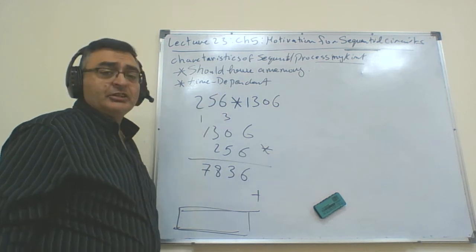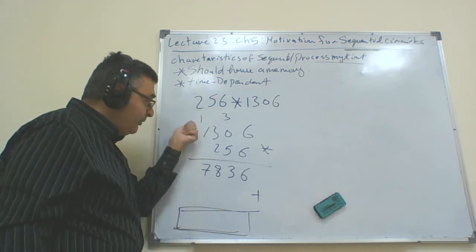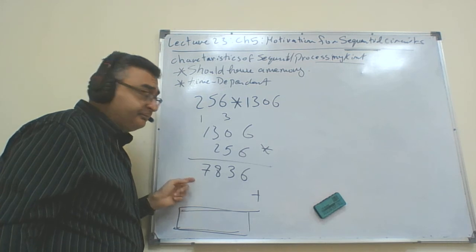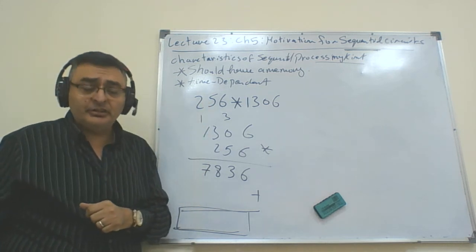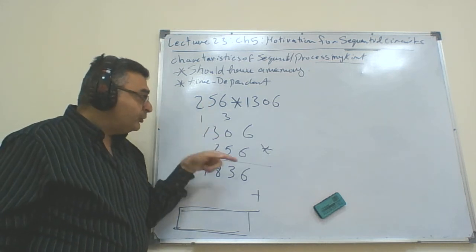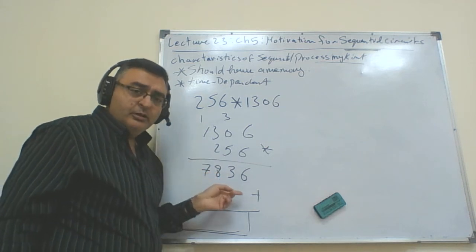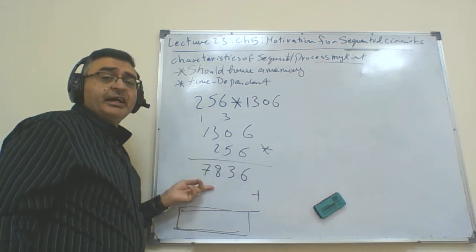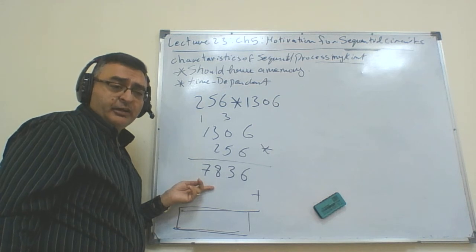The operation is time dependent. It has a memory, it is time dependent, and the last characteristic is that I'm producing some answer, which is an intermediate answer. This is not the final.